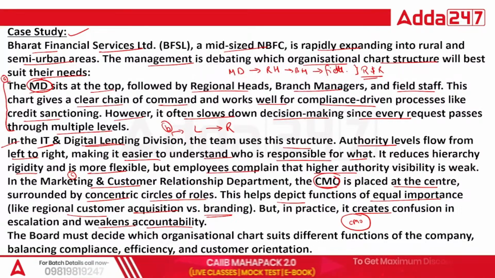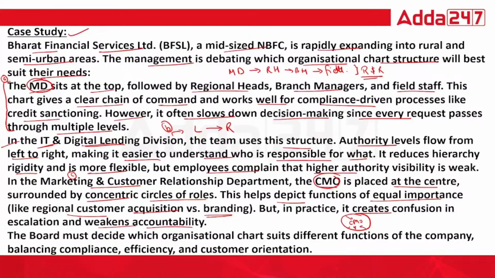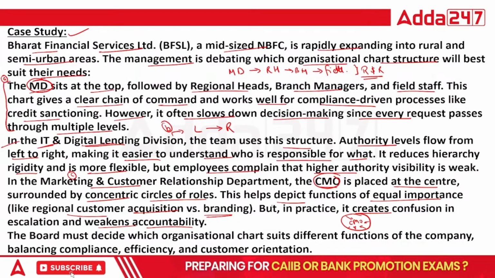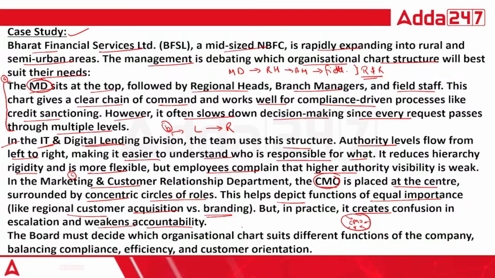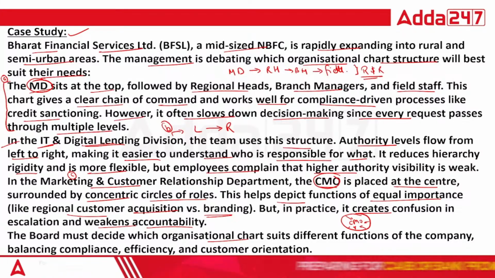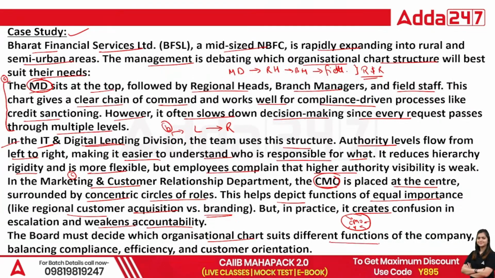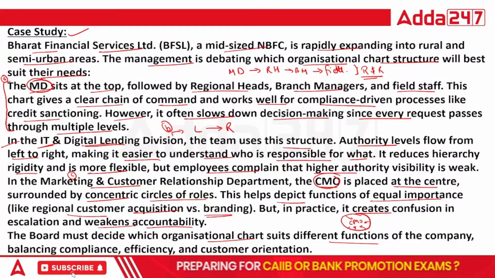Concentric circles mean everyone is at equal distance from the CMO. The board must decide which organizational chart suits different functions of the company, balancing compliance, efficiency, and customer orientation.